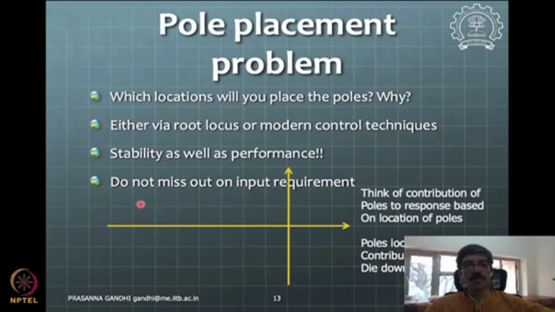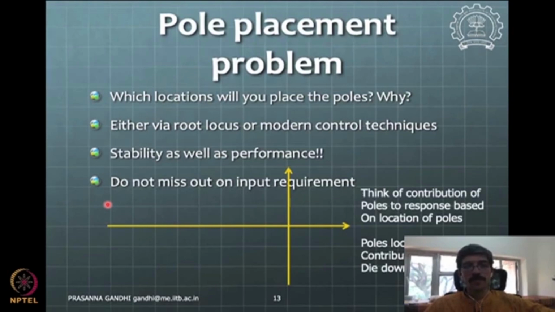So if all the poles are placed far away here, then the response will be very fast for the system. Ideally we would say, look, I want all the poles as far away as possible. That will give me the best response, a very nice evolution of the system.